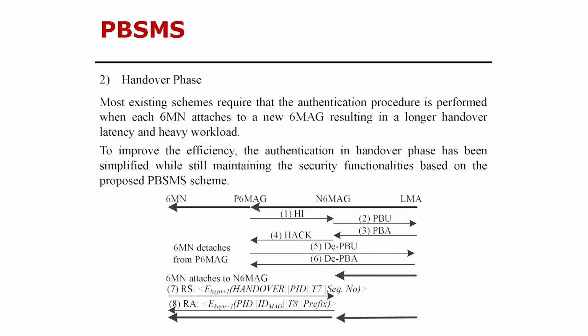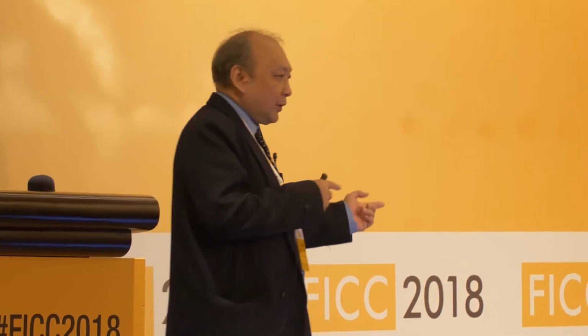So the third phase is the handover process. This phase does a quick authentication, in order to reduce the latency involved in the handover process. The work in this phase only happens when the mobile node moves from the coverage of one cell to the other cell, which is controlled by the target MAC.